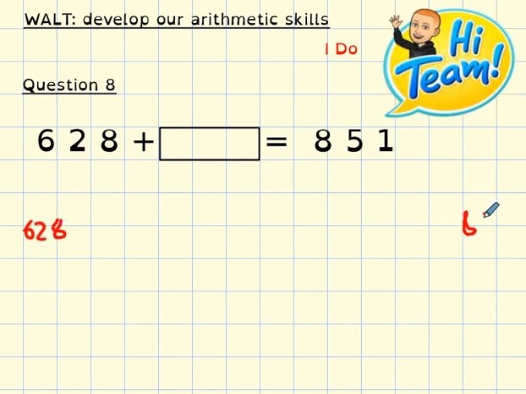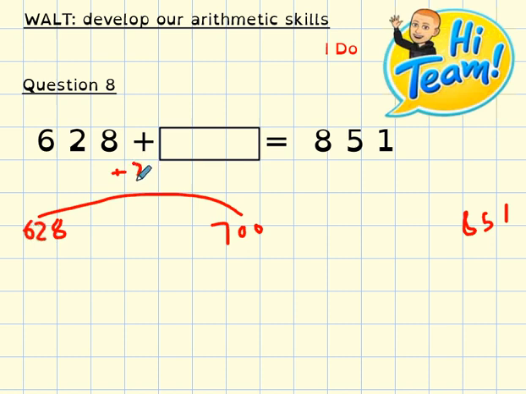I'm going to try and jump from 628 to 700. Well, if I add 2 to this number, it would get me to 630, and then 630 to get to 700 would be 70. So in total there, I'm adding 72.